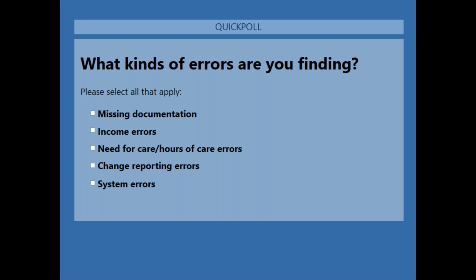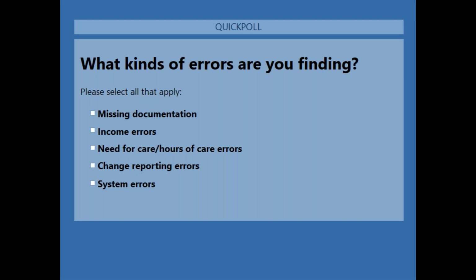Those income errors. It looks like, has everybody, oh yeah, some folks are still responding. Go ahead and select, and then we'll share so everyone can see the responses coming in. Looks like about 49% have voted.